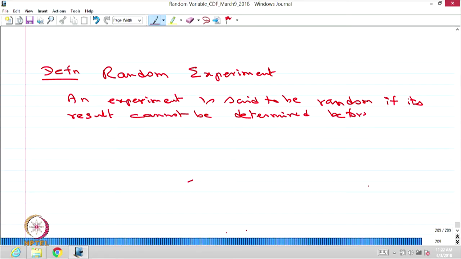Whenever in any experiment a result cannot be determined beforehand, then we say that experiment is a random experiment.